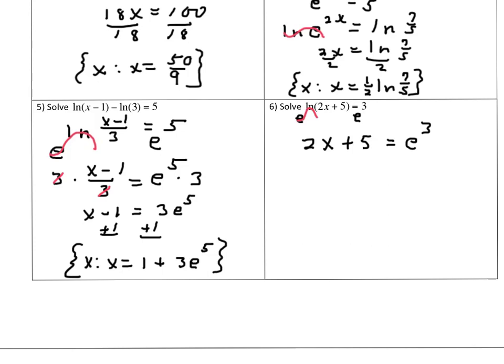Now, my next thing I want to do is isolate this x. So what's the opposite of plus 5? Minus 5. Okay, so let's subtract 5 from both sides. So that gives me 2x is equal to negative 5 plus e to the 3rd power.